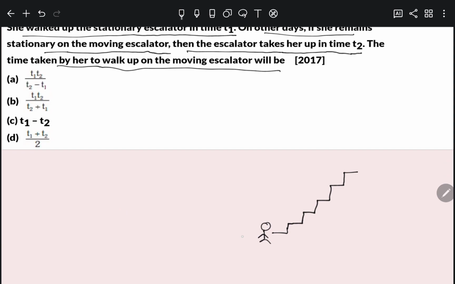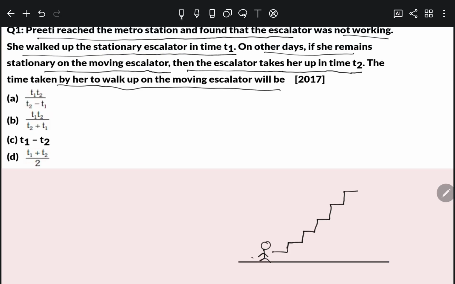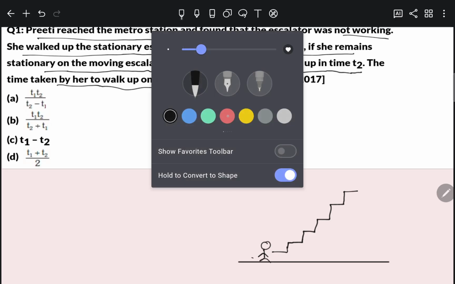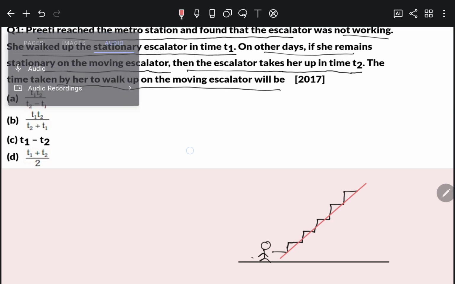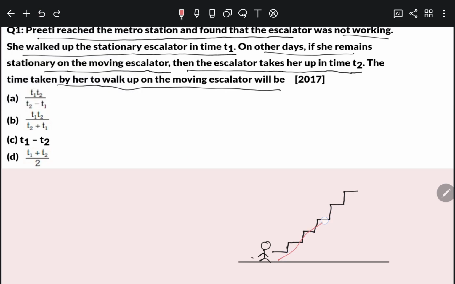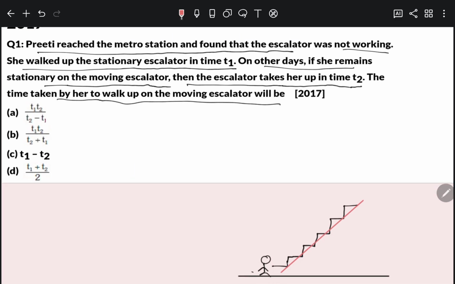Preeti reached the metro station. So they use the escalator, which we say is like a lift, right?